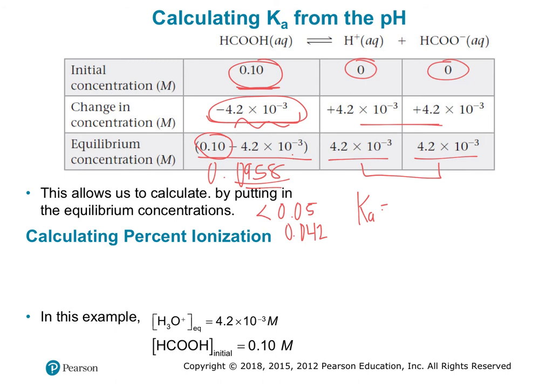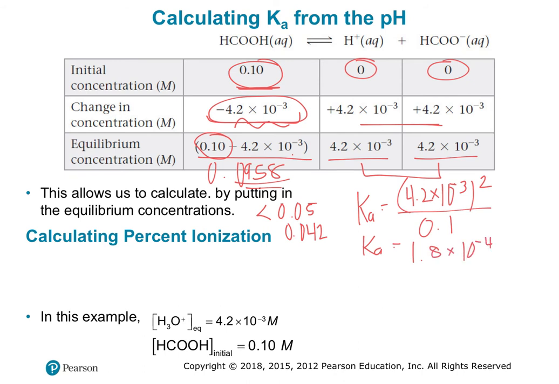So Ka is 4.2 times 10 to the negative third for both hydrogen and formate, so I can square that, and then divide it by 0.1. You need to be able to make those approximations first before you can put it in to the solution. So I'm going to do that, and I'm going to get Ka equals 1.8 times 10 to the negative 4.